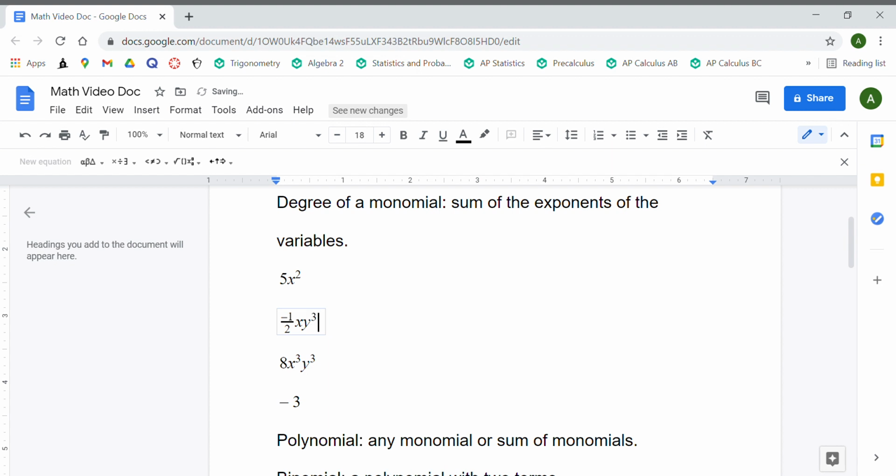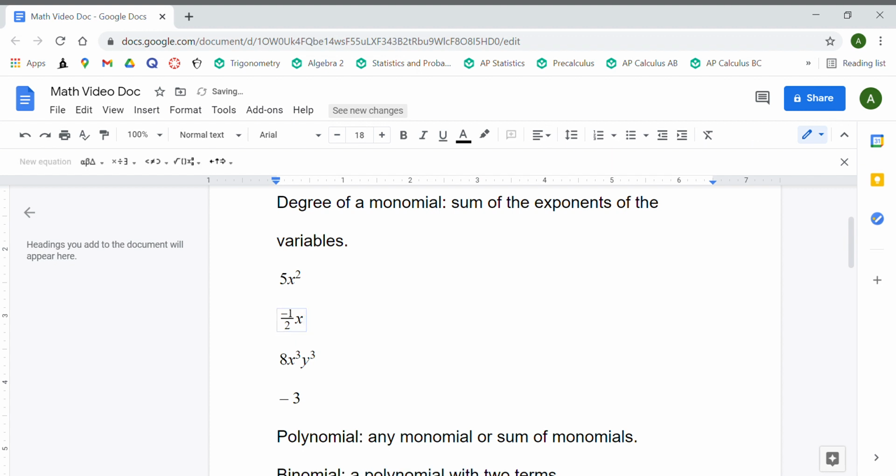We could have rewritten it as x to the power of 1. So the sum of the exponents is the degree of this monomial. It's going to be 1 plus 3, which equals 4. So the degree of this monomial is 4.